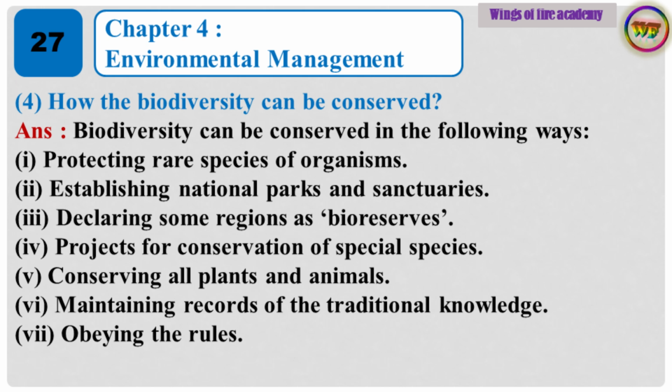Declaring some regions as bioreserves. Point 4. Projects for conservation of special species. Point 5. Conserving all plants and animals. Point 6. Maintaining records of the traditional knowledge. Point 7. Obeying the rules.